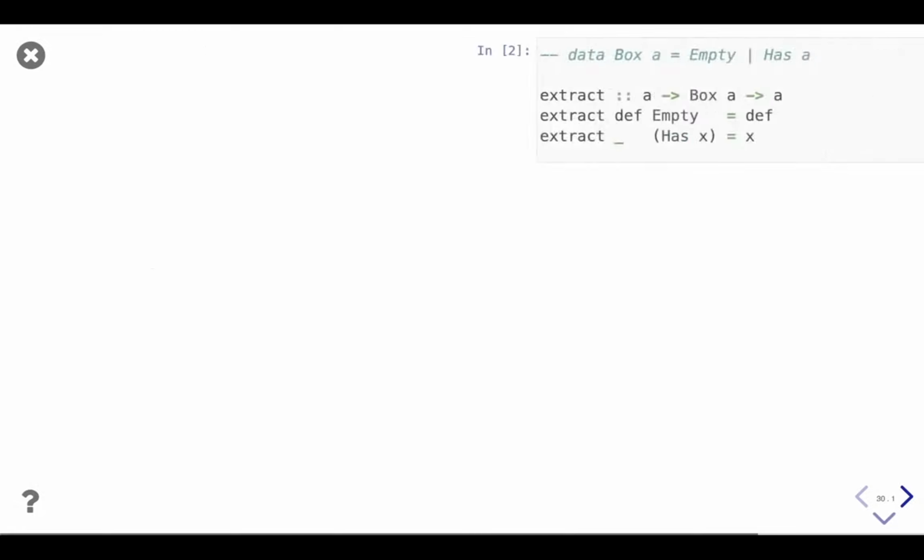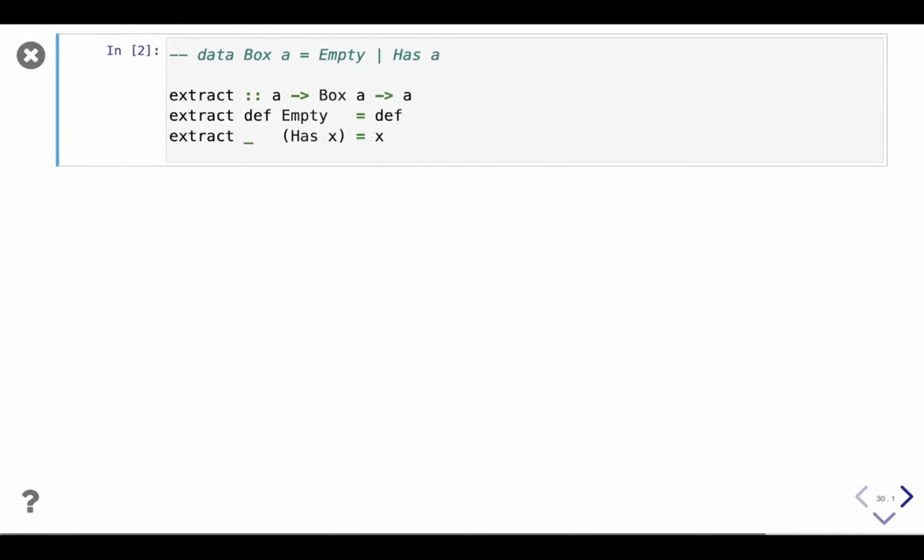For example, the Box a data type has two constructors, Empty and Has, and none of them are recursive. So when you write a function for this data type, it's likely you will need to write two formulas, meaning two definitions, one per constructor, and no formula will have a recursive call.